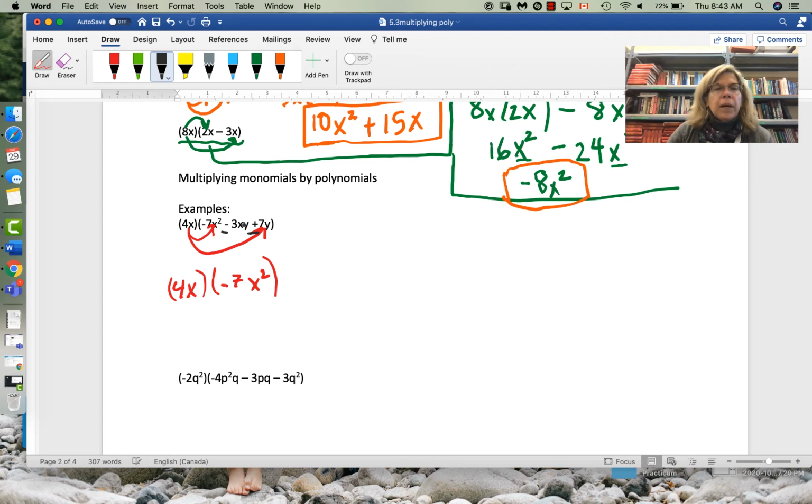Minus 7x squared minus 3xy times 4x, minus 4x times 3xy, and then plus, because it's a plus sign, 4x times 7y.